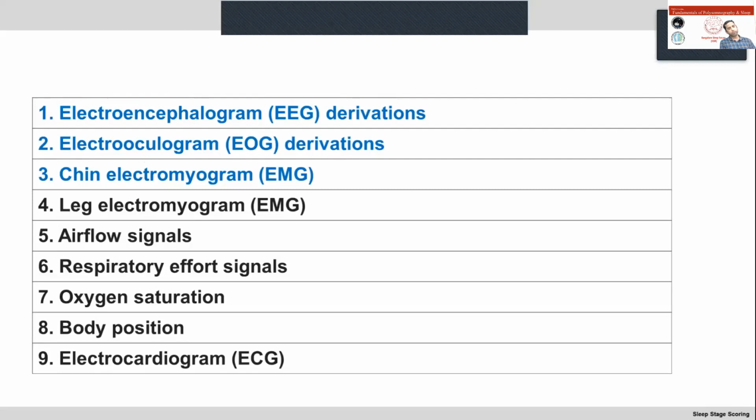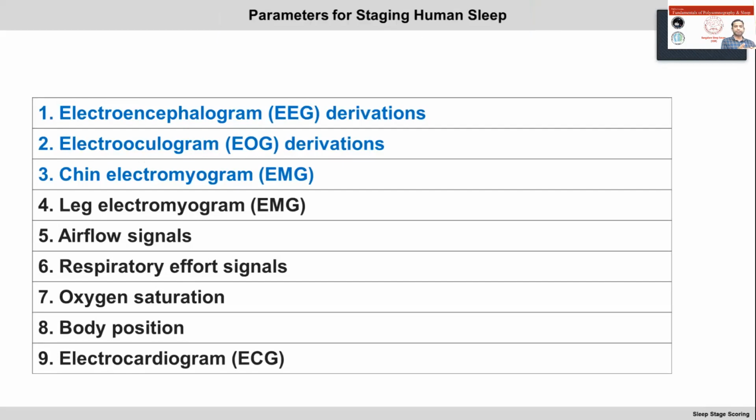For sleep stage scoring, to score whether an epoch is N1, N2, N3, or REM sleep, we need at least EEG, EOG, and EMG.